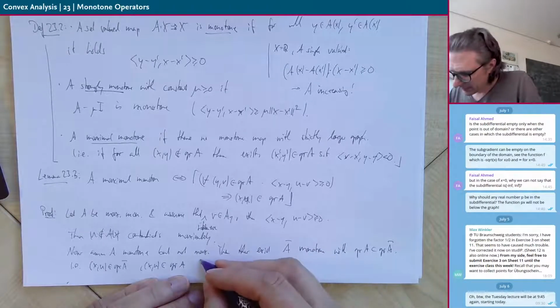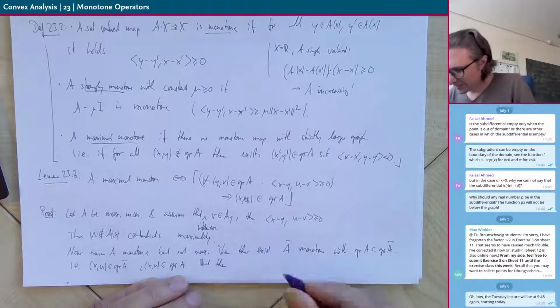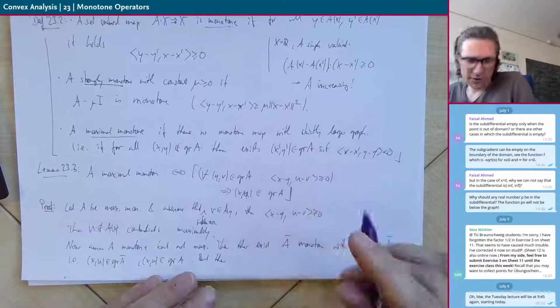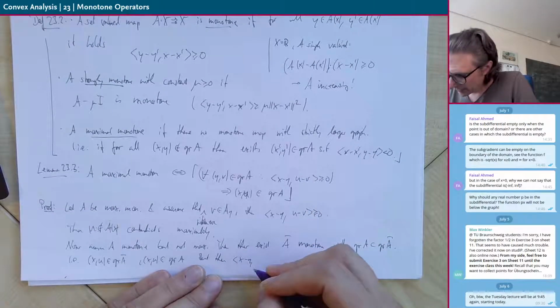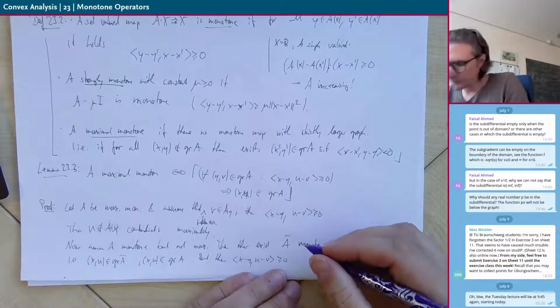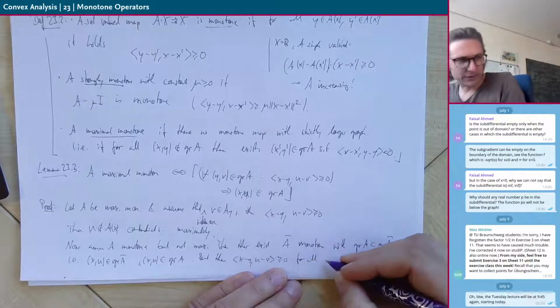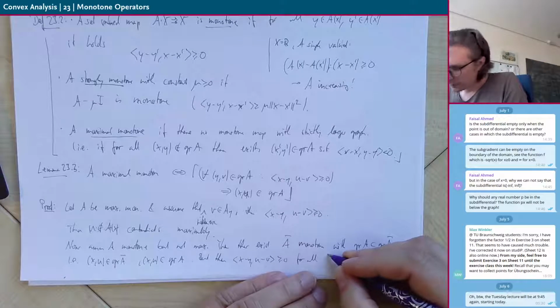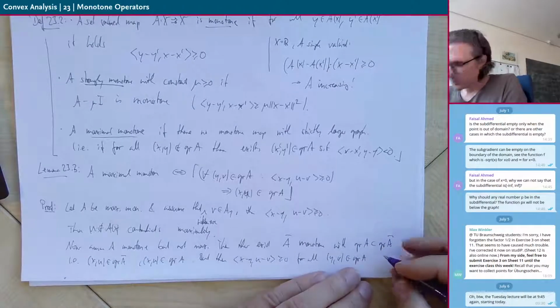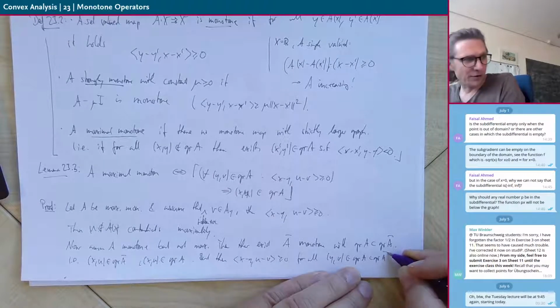Okay, but then, since this A bar is still monotone, you would have that x minus y times u minus v is larger or equal to 0 for all y and v in the graph of A, which is a subset of the graph of A bar.